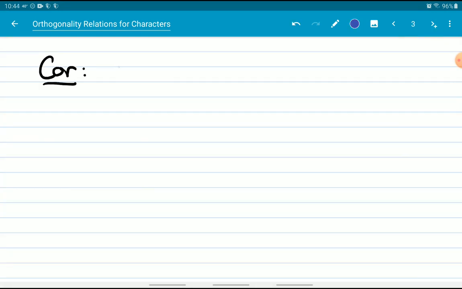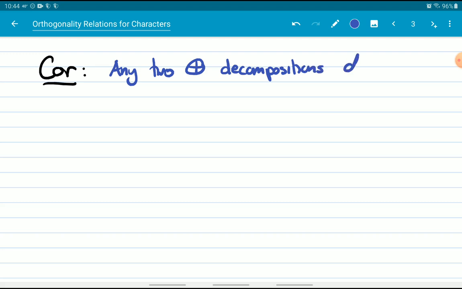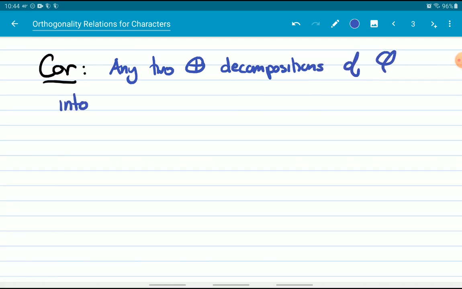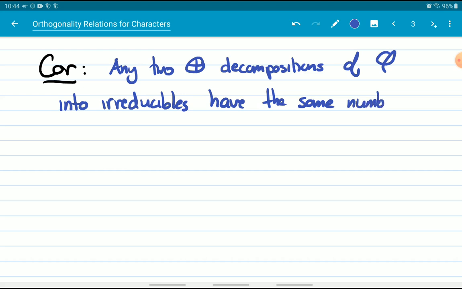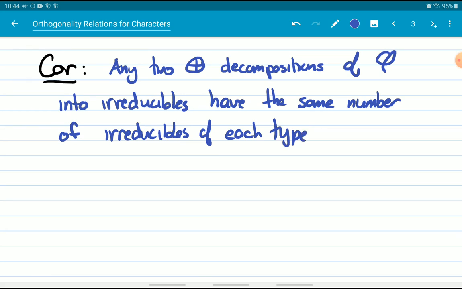Consequence: any two direct sum decompositions of phi into irreducibles have the same number of irreducibles of each type, that is, of each equivalence type. This is a uniqueness statement.